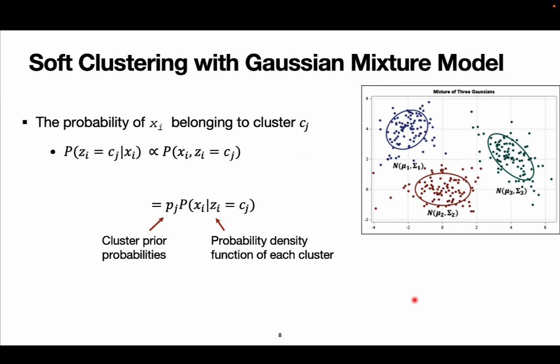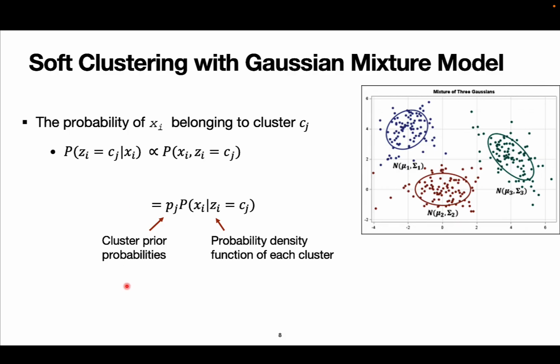The key idea in soft clustering is to compute the membership probability of xi belonging to a cluster Cj. For a data point xi, that membership probability that it belongs to Cj is expressed as the posterior probability of Zi equals Cj given xi, which we can compute using Bayes' rule.